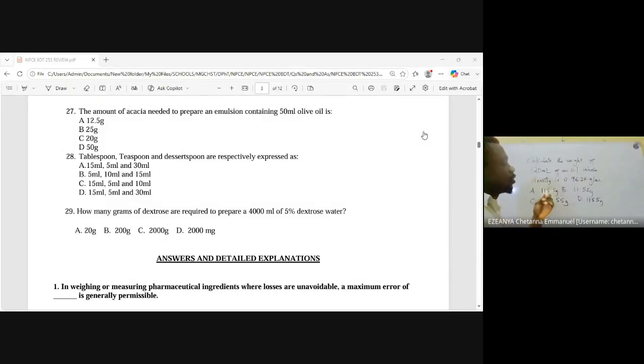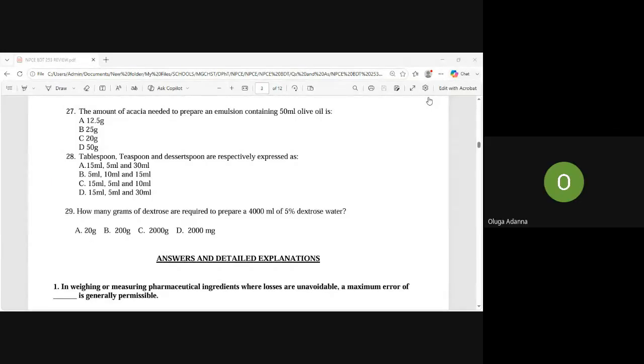If you make weight the subject of the formula, you cross multiply, and you get 120 mil times 0.9624 gram per mil. If you punch your calculator, it gives you 115.5 gram. So that is the answer.